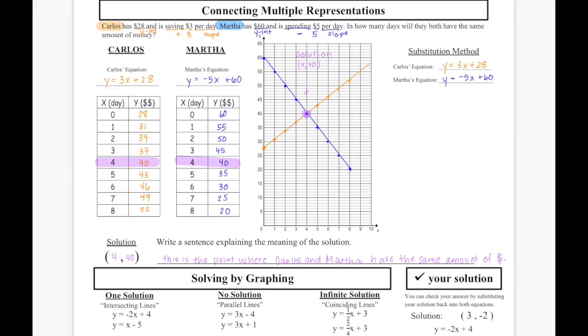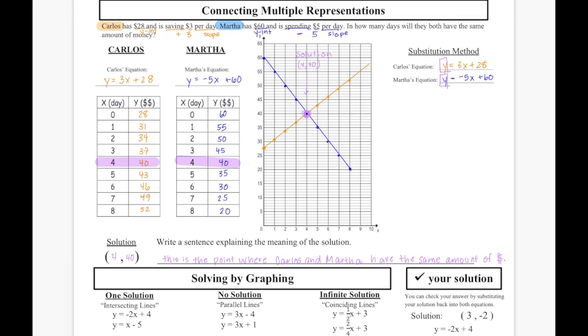When we want to substitute for our variables, we have to look for things that are equivalent, which means equal to each other. Once we find expressions that are equivalent to each other, we can substitute them or plug them in. With the way these equations are set up, I see that we have y equals something in Carlos's equation, and in Martha's equation, we also have y equals something.